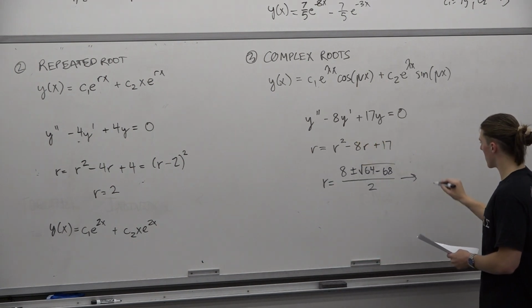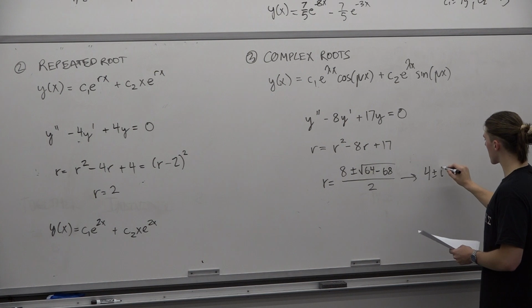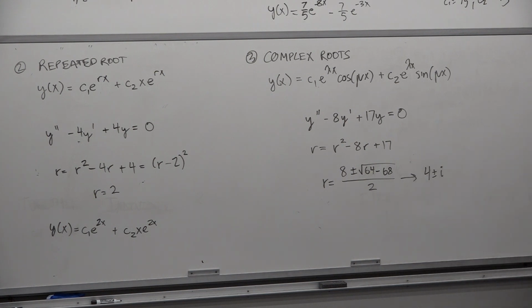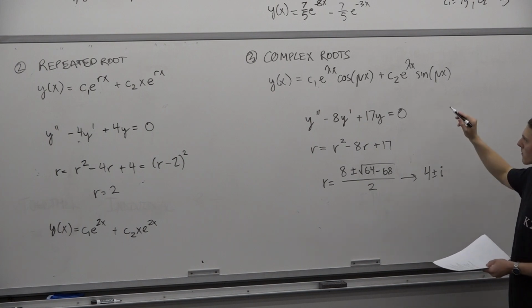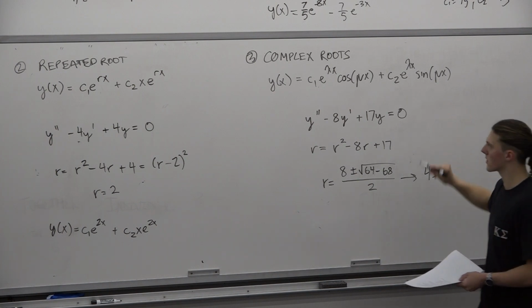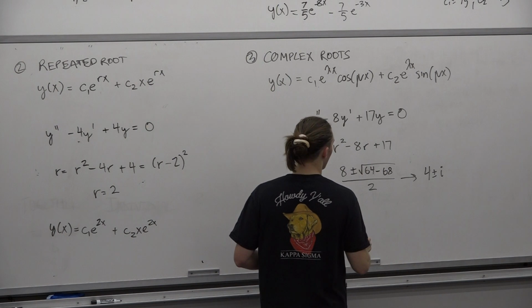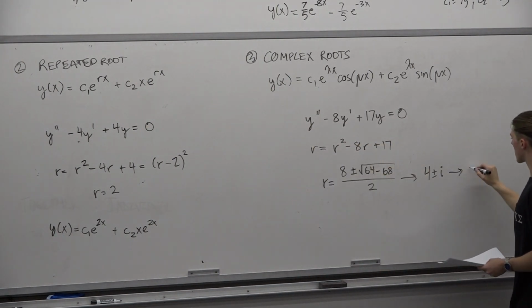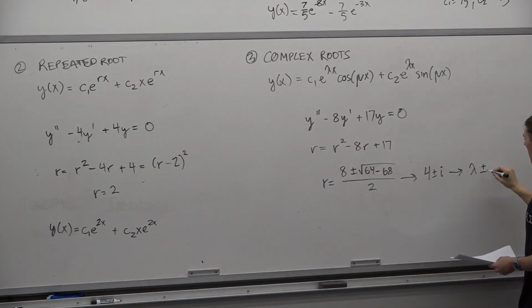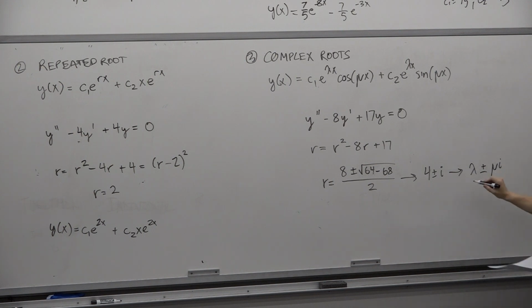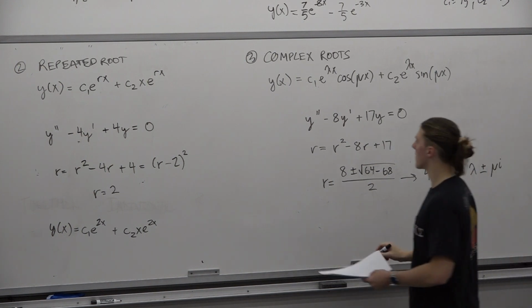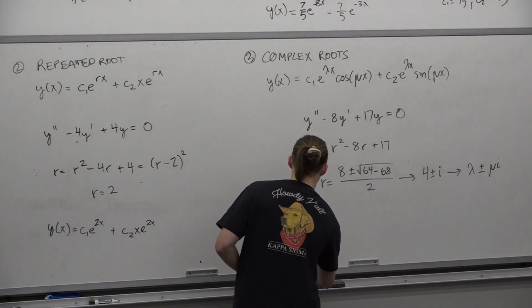This comes out to be 4 plus or minus i. Now that we have r, we plug it straight into this equation up here. This is supposed to represent lambda plus or minus mu i. In this case, mu is just 1. So we write out our general solution.